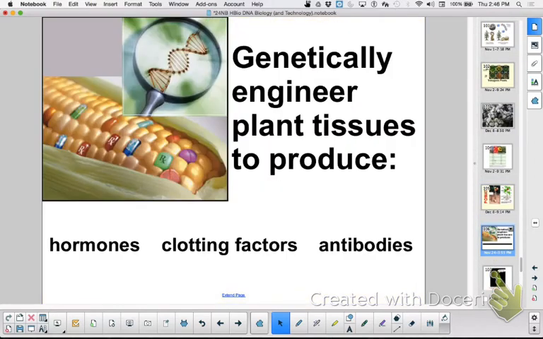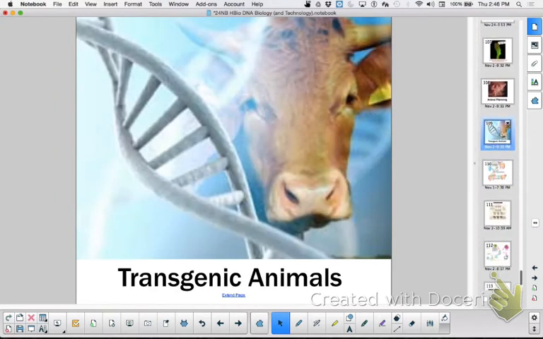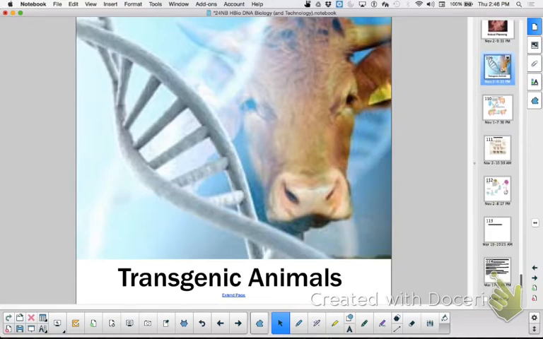And maybe we could genetically engineer plants to carry medicines for us, things like clotting factors. Then maybe we could make transgenic animals that make products we need, like growth factors.